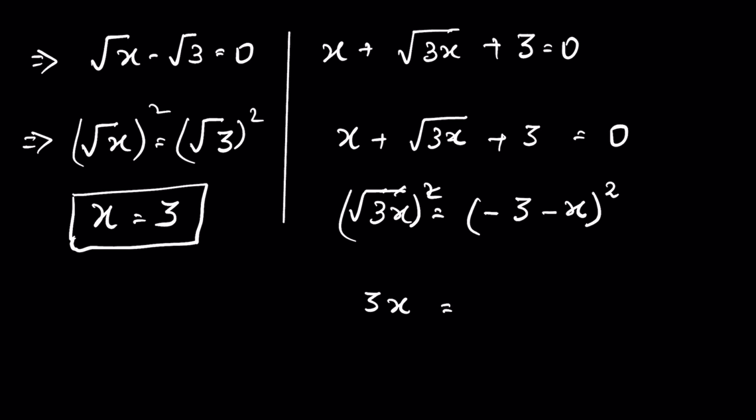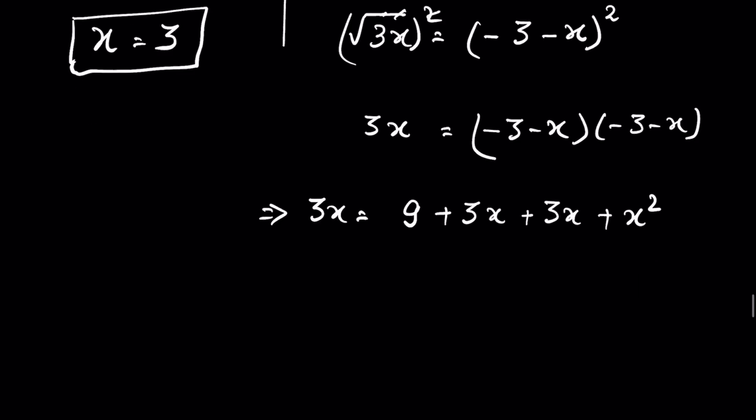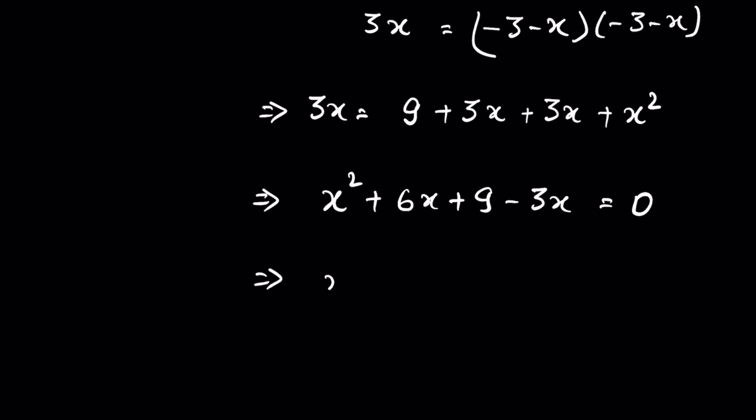If we multiply both of them, minus 3 minus x times minus 3 minus x, then 3x equals minus 3 times minus 3 is positive 9, minus 3 times minus x is positive 3x, minus x times minus 3 is positive 3x, minus x times minus x is positive x square. Or we can write it as x square plus 6x plus 9 minus 3x equals 0, or x square plus 3x plus 9 equals 0.